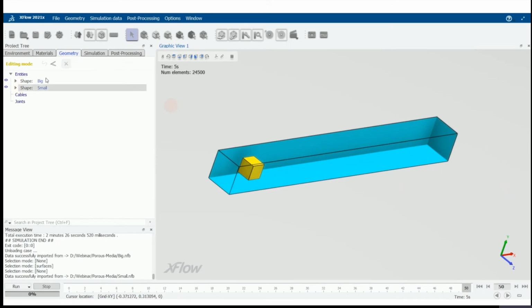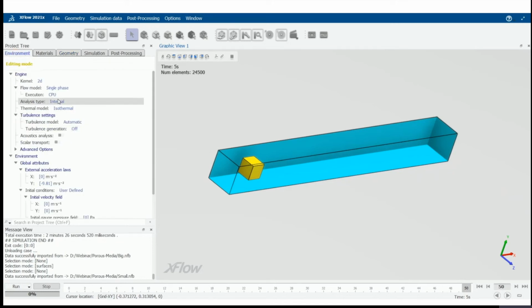Let's go to the project tree, start with the environment to define the case. Our simulation is 2D. We have a single phase analysis. The execution will be on CPU. It is an internal simulation. The thermal model is isothermal.